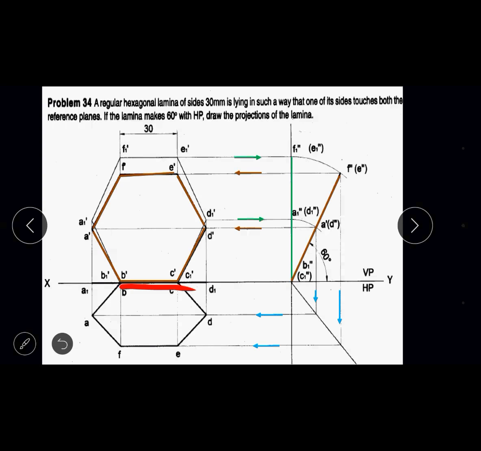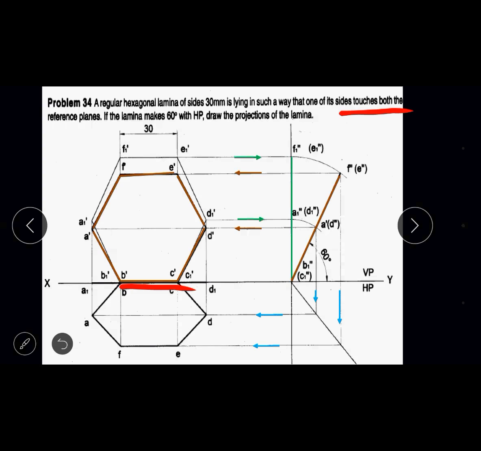In this position we cannot tilt the lamina 60 degree with HP. HP angle cannot be used in this position. You cannot use HP angle.